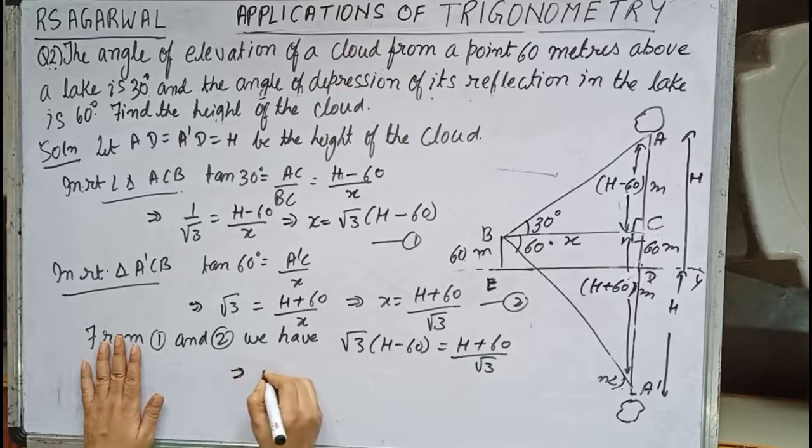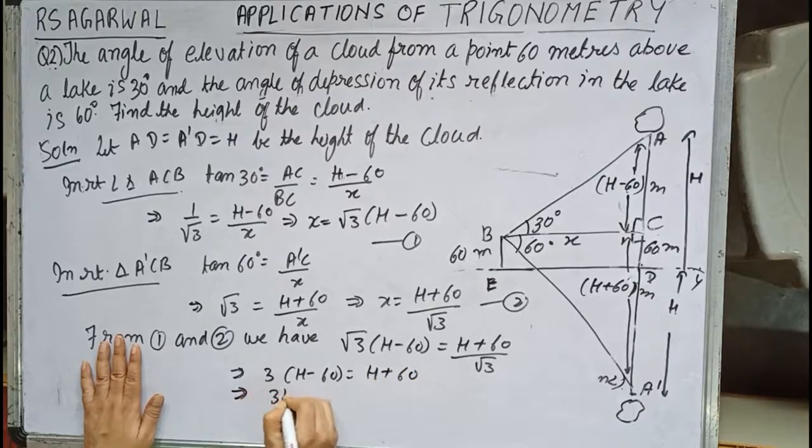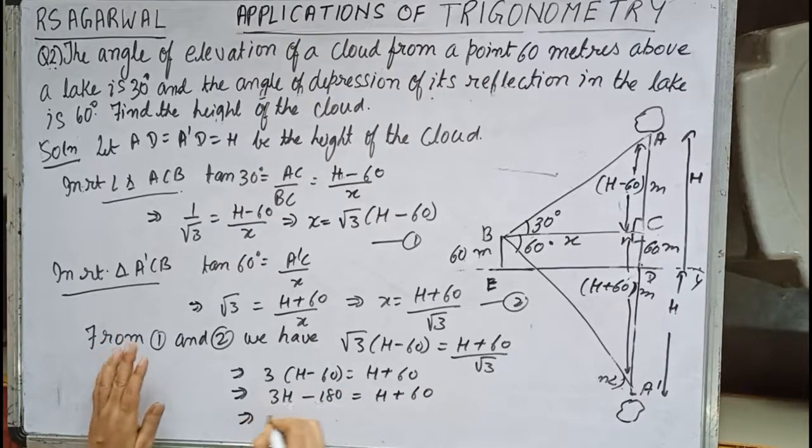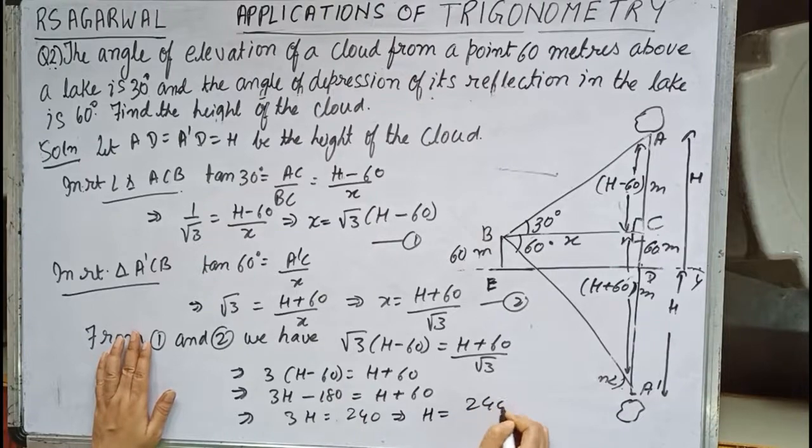This implies 3 into H minus 60 equals H plus 60. This implies 3H minus 180 equals H plus 60. This implies 3H minus H equals 240.